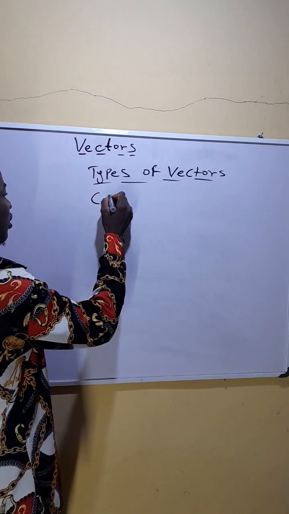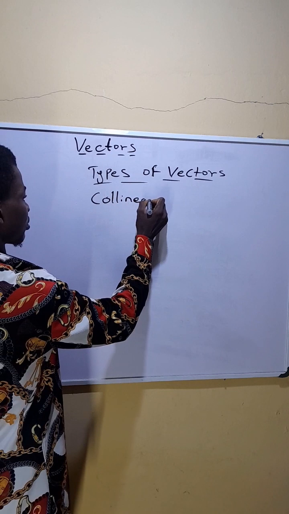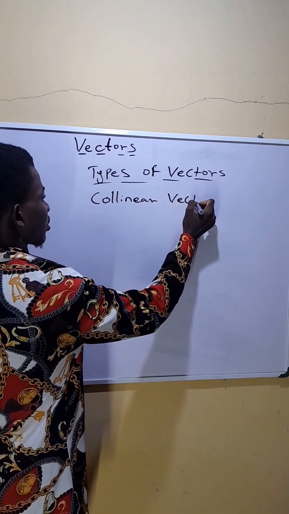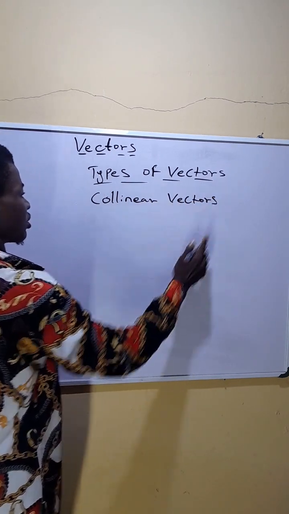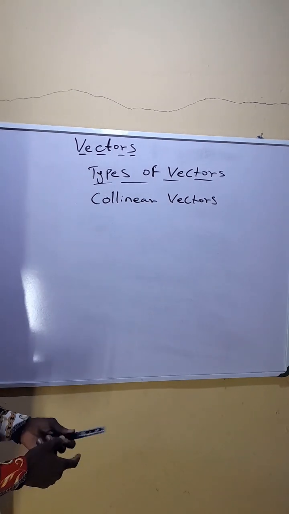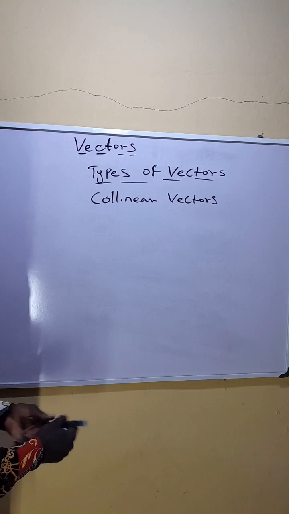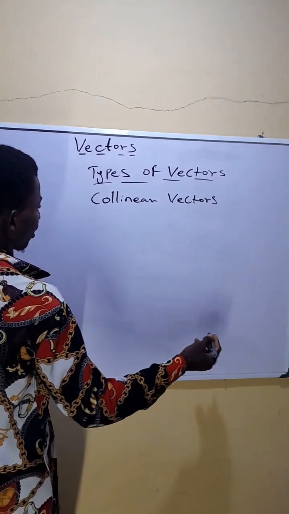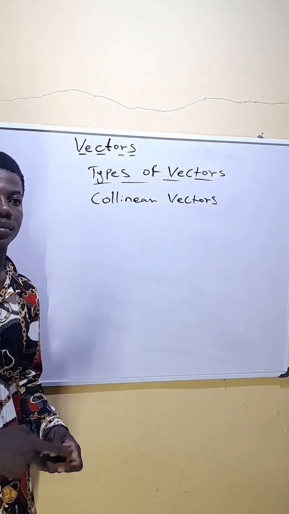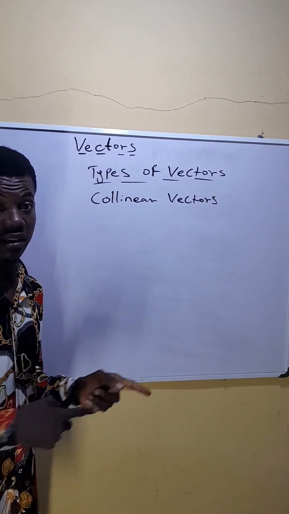The next one is collinear vectors. Collinear vectors are vectors that are parallel to one another. But remember, it is not because they are parallel that they are equal.